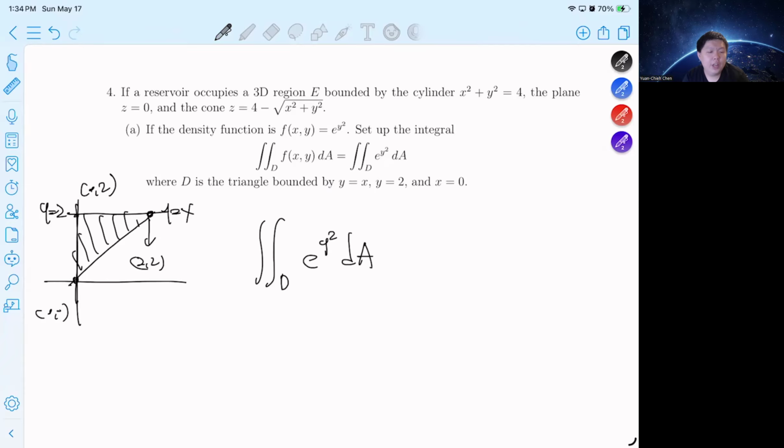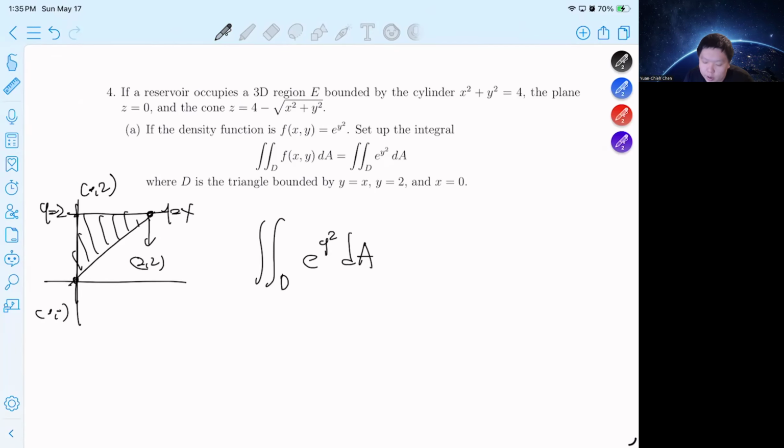So in this case, even though the question only asks to set up, if we want to calculate that, we cannot integrate with y first, since we don't know how to integrate e to the y squared, right? So in this case, the natural choice will be integrate with x first.